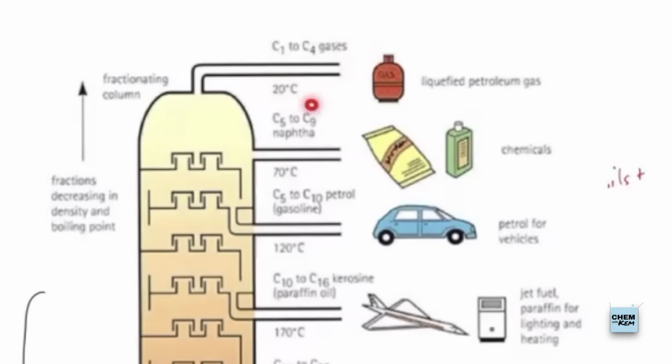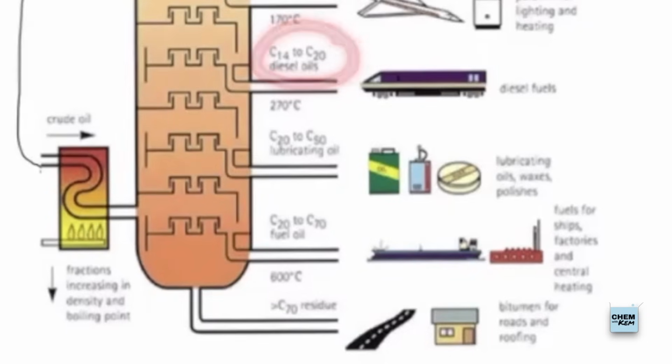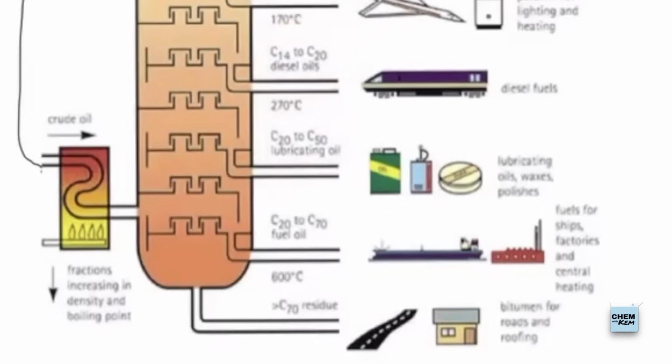Then C5 to about 9 would be naphtha. But then C5 to 10, 12-ish, that would be petrol. Then comes kerosene. Then after kerosene, we'll have diesel. This says C14 to C20. And then after diesel, C20 to about C50 would be lubricating oils, which is consistent with what we mentioned just now.